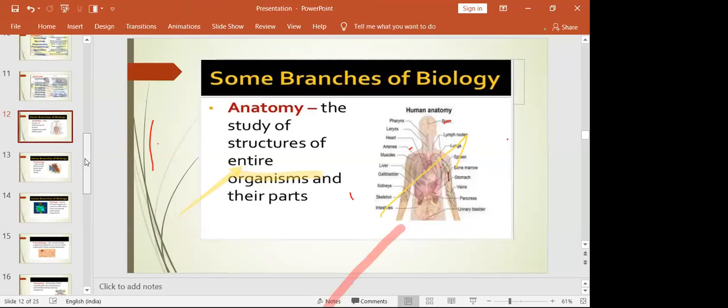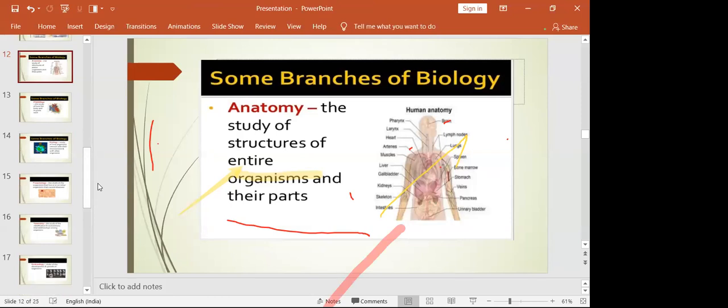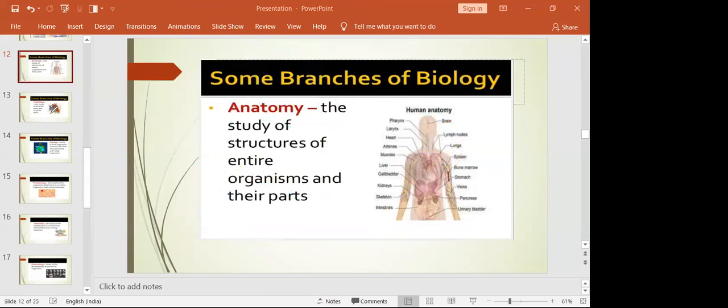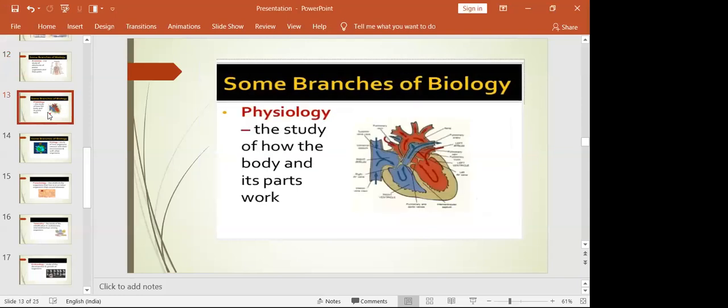Next, another study, one more branch of biology, that is physiology: the study of how the body and its parts work.